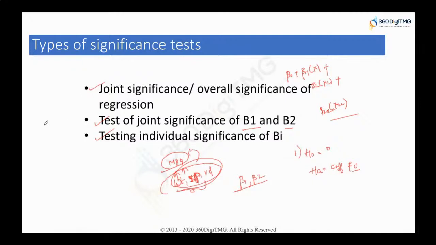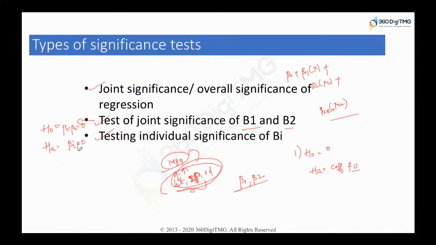For each you have different hypotheses. For the second one, the hypothesis will be beta 1, beta 2 equal to 0. But what will be your alternative? At least one beta i should be not equal to 0.